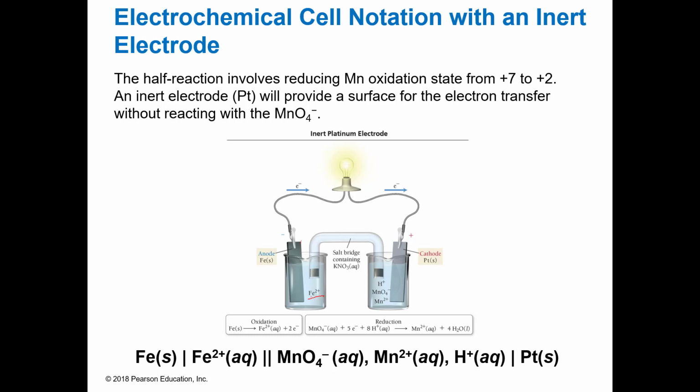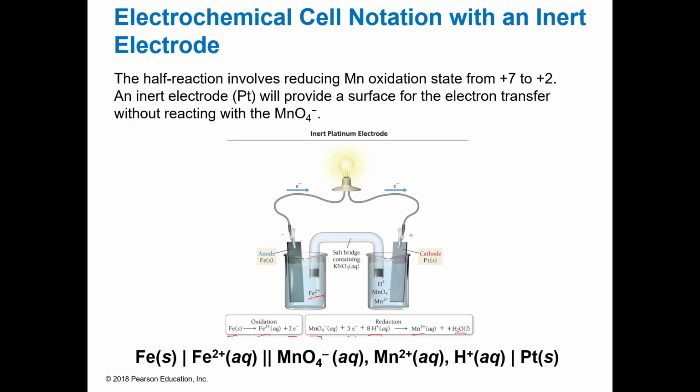And so the iron is oxidized into a 2 positive ion and a loss of 2 electrons. Over on the other side, the permanganate gains 5 electrons and 8 hydrogens from an acid in this solution, and forms manganese 2 positive and water.